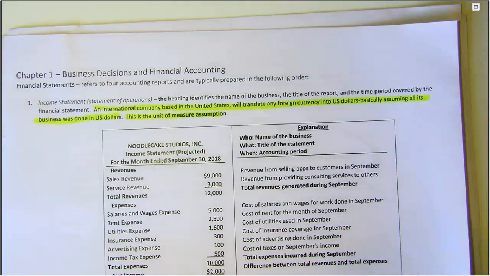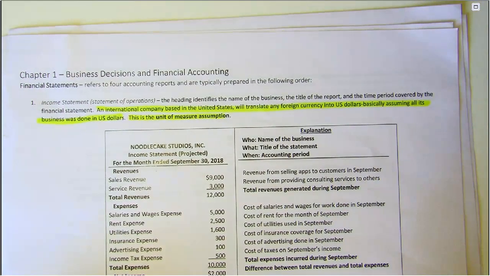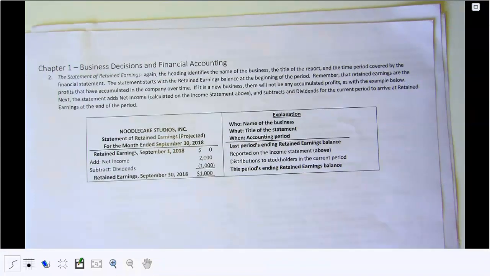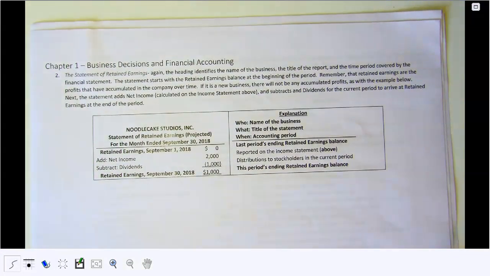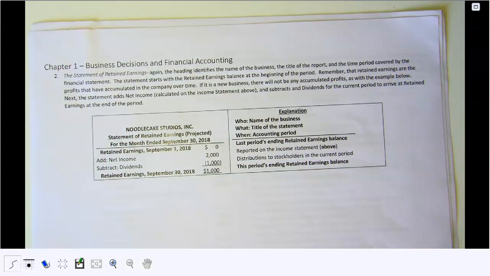Okay, now let's take a look at the next statement, and we're going to take that net income from the income statement, the first one, and we're going to carry it on to our next statement, which is the statement of retained earnings. We can't do this statement until we've done the income statement because we need that net income amount.